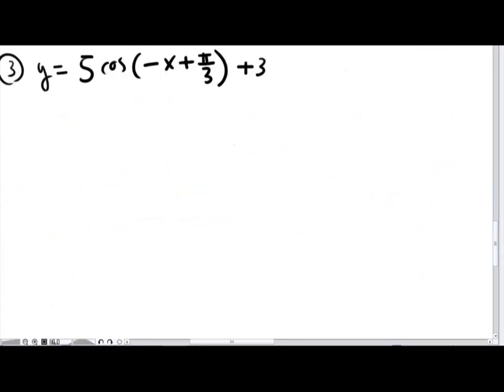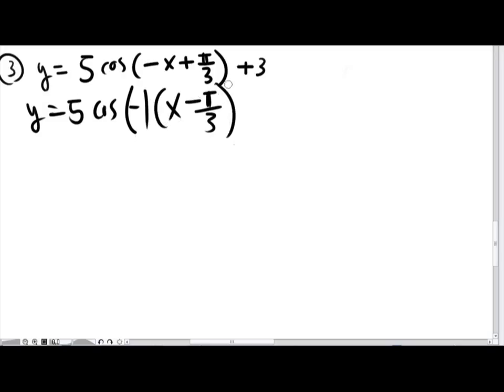Then our final equation is y equals 5 cosine negative x plus pi over 3 plus 3. So we're going to do the same thing and factor out the negative 1. And if we do that, we get y equals 5 cosine of negative 1 times x minus pi over 3 plus 3. But we know that cosine is an even function.